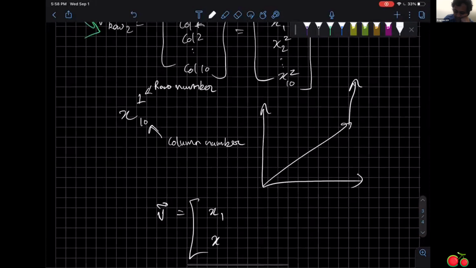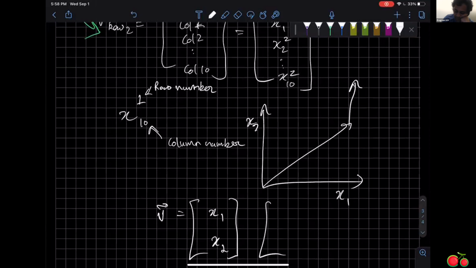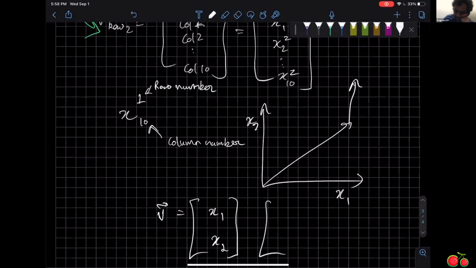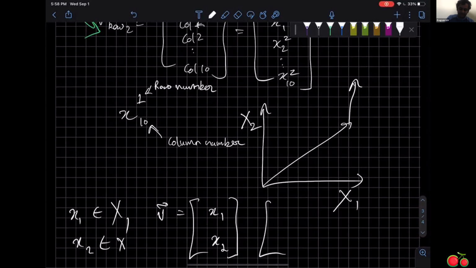x1, x2. I'm going to call this the x1 dimension and the x2 dimension. Let me call this capital X and capital Y. So x1 is an element of the x1 dimension, x2 is an element of the x2 dimension.